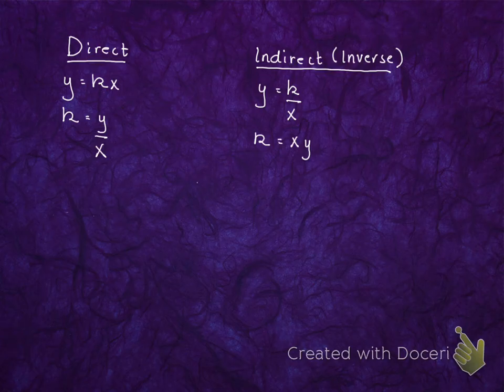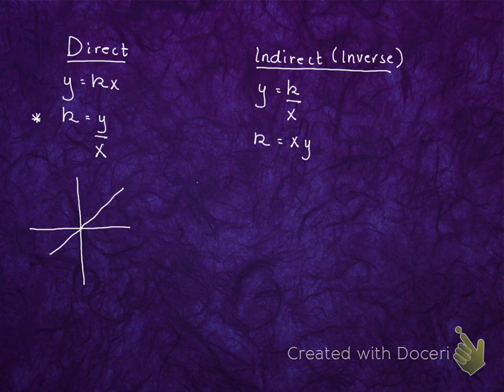Now, we're going to need also this formula right here, which helps us solve for whatever that k value is. And k is what we call the constant of variation, okay? And again, a direct variation equation will have some slope k, but it will always go through the origin, okay?